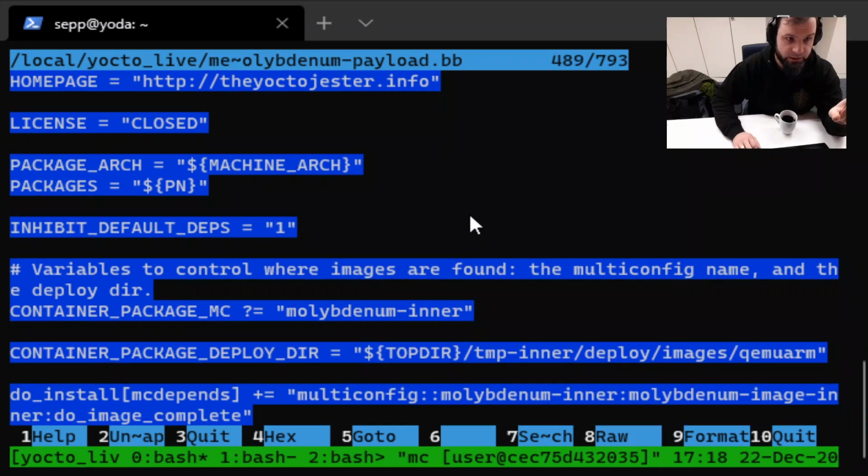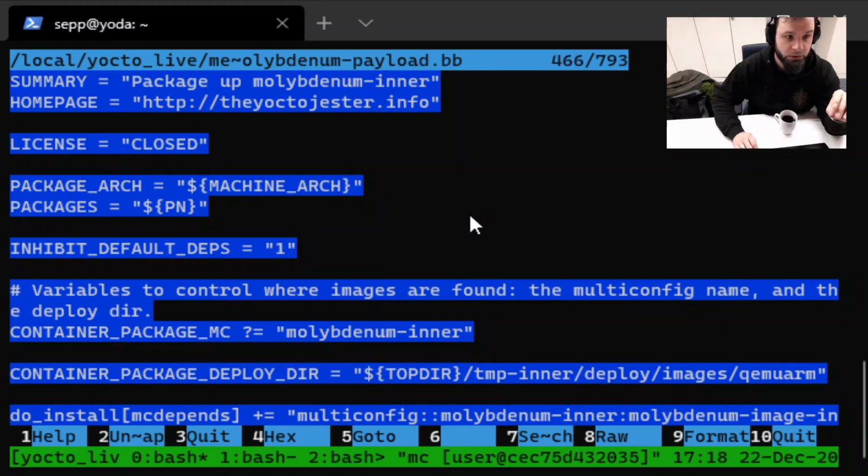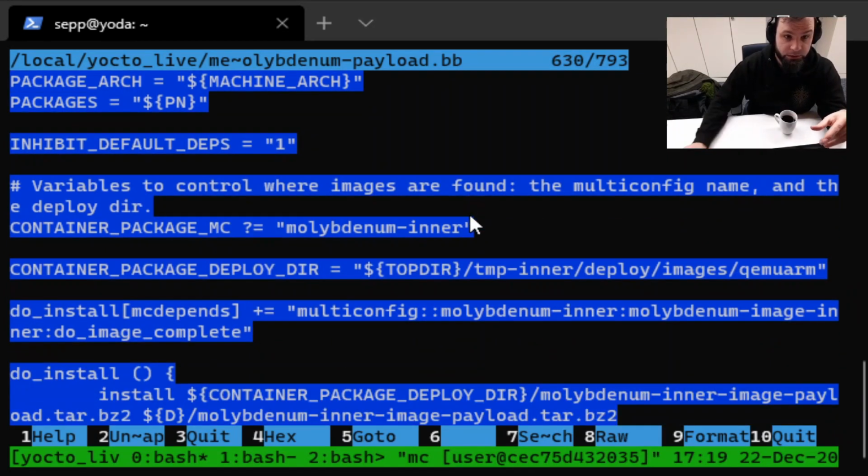This nails a recipe down to only one package. It removes the default dependencies because, you know, we just want to package up one binary blob essentially. And then this is where the magic happens.